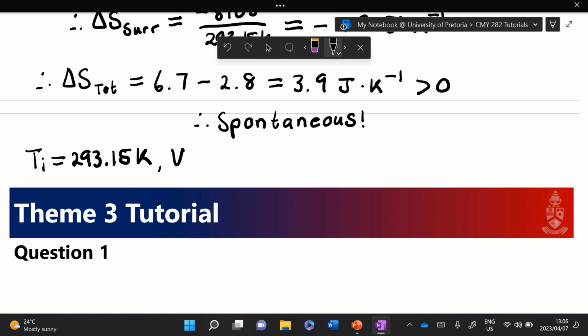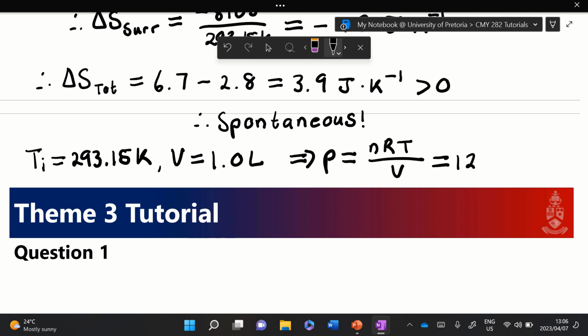We're given the initial volume is equal to 1 liter. So we can quickly calculate the pressure, right? The pressure is equal to nRT over V, and that works out at 12 atmosphere.